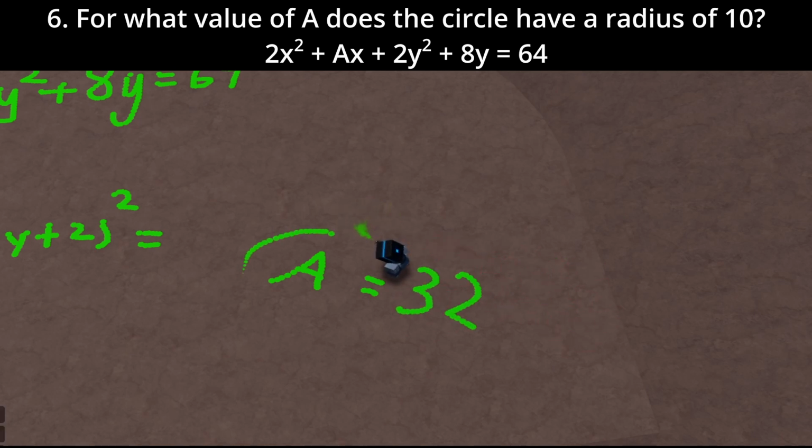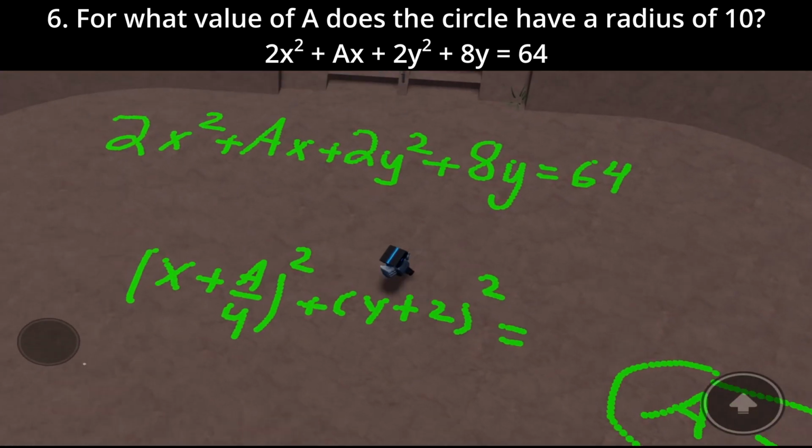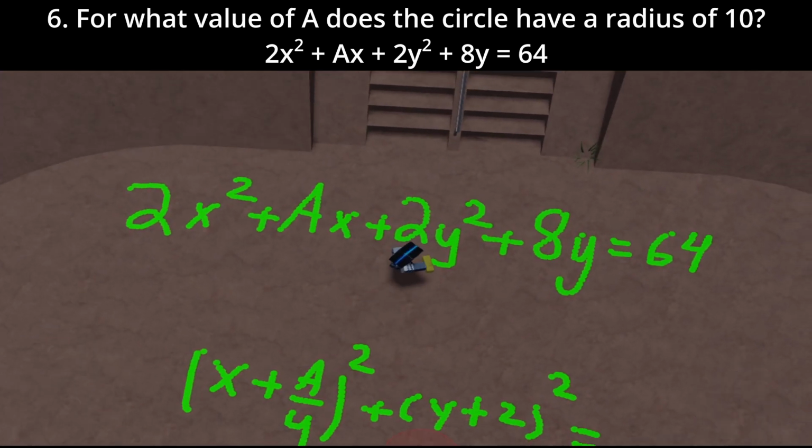That's it. That's the a value we need, such that the equation we had at the start has a radius of 10. I'm just going to replace this here. So if you have 2x squared plus 32x plus 2y squared plus 8y equals 64, that's a circle with a radius of 10. That's all for this problem.